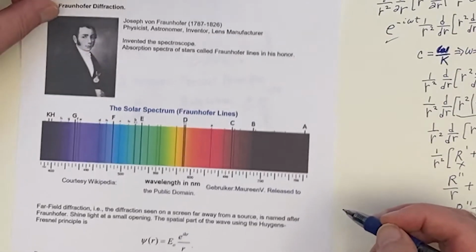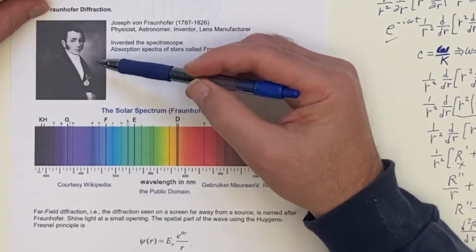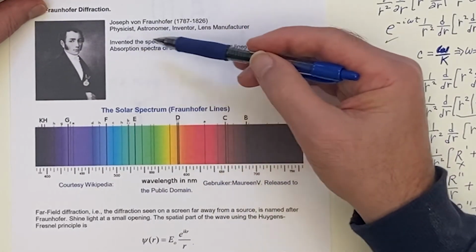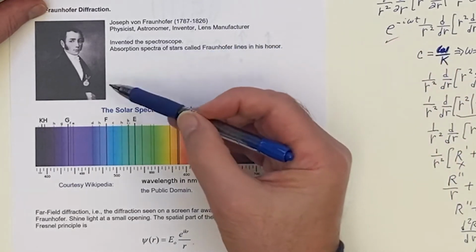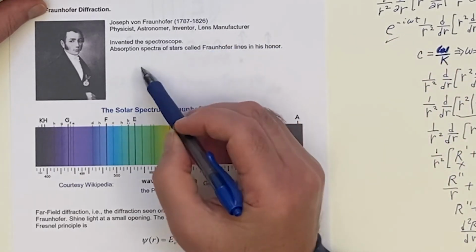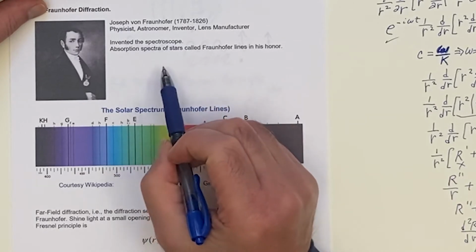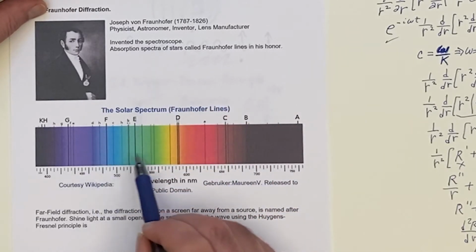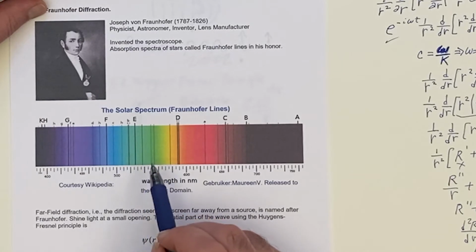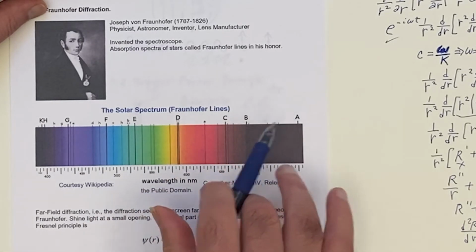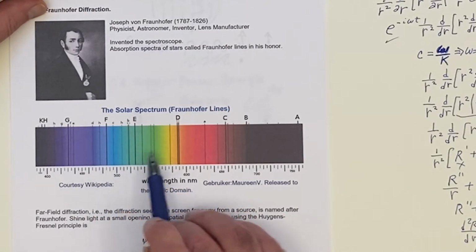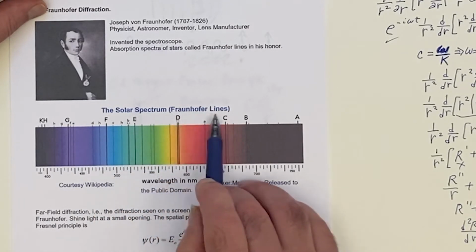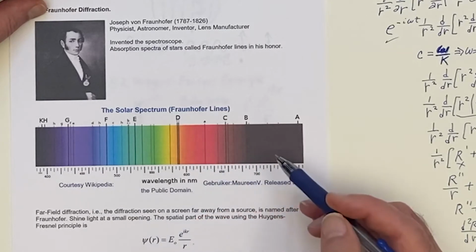And here is a picture of Fraunhofer, physicist, astronomer, inventor, lens manufacturer, and he invented the modern spectroscope, where you study light coming in like a prism action, which separates out the colors. And here, these are absorption lines in the solar spectrum, Fraunhofer lines. He worked a lot in this field called spectroscopy.